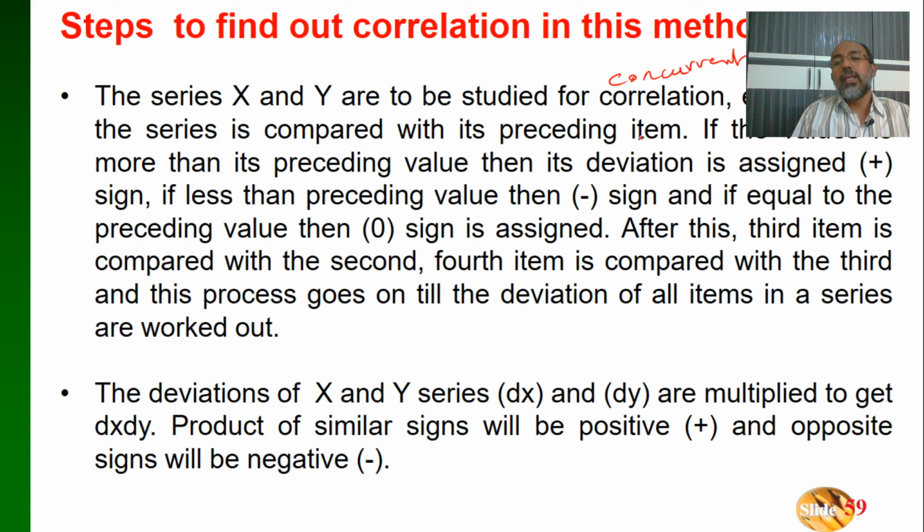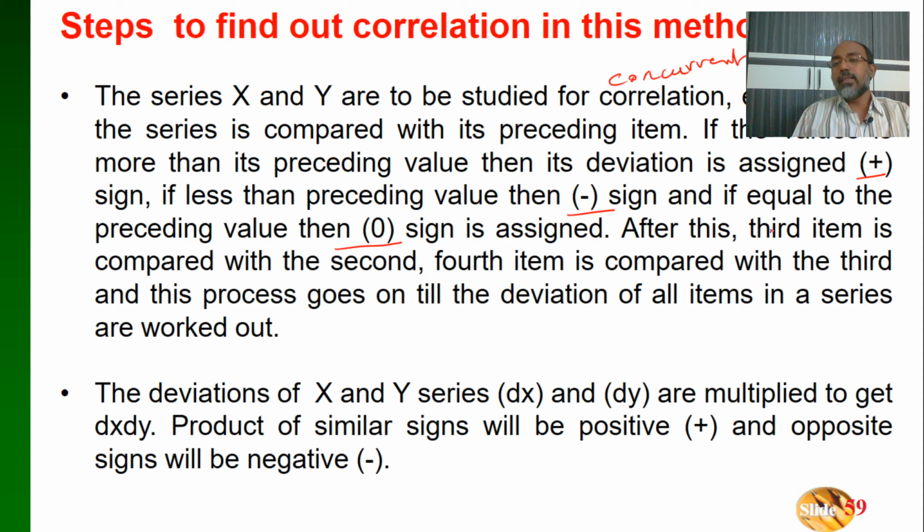If the value is more than the preceding value, its deviation is assigned a plus value, whereas if less than the preceding value, it is given a negative value. If equal, it is given 0.